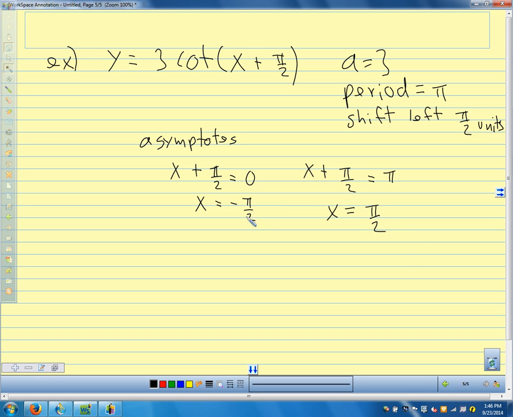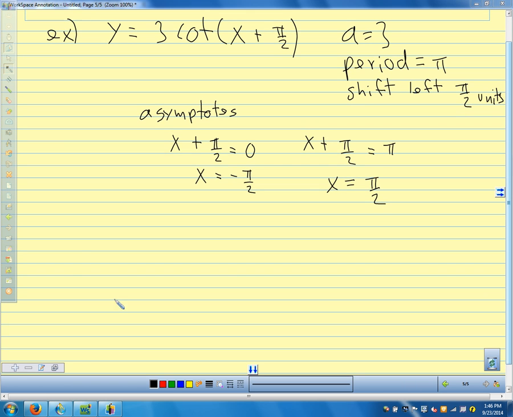So I get one vertical asymptote at negative pi over 2, another one at positive pi over 2. And now we're set to start making our sketch. So here's one asymptote, and here's another one, and we'll do one more out here so we can sketch 2 periods.